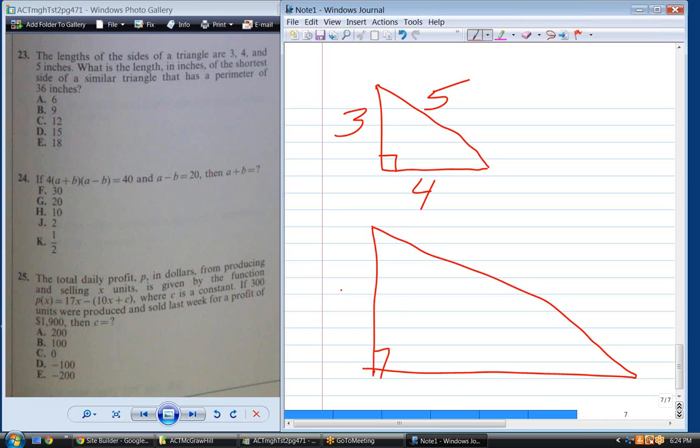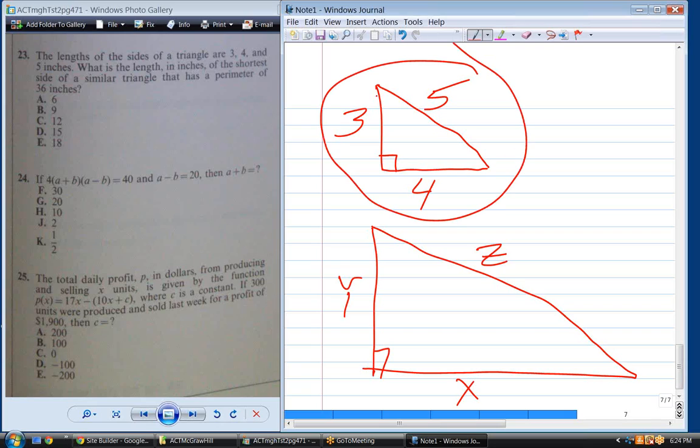Whatever the ratio of this side down here is to 3, it's the same ratio as x is to 4 or z is to 5. That's the thing about similar triangles, the proportions are the same. Okay? What is the perimeter of that?